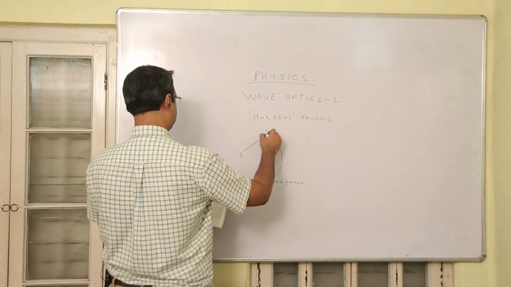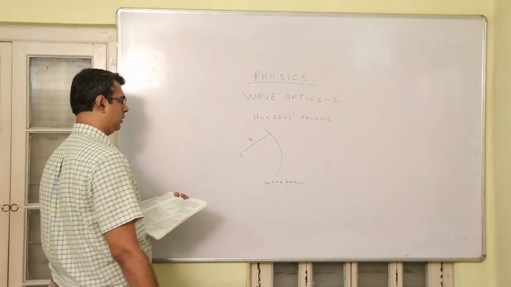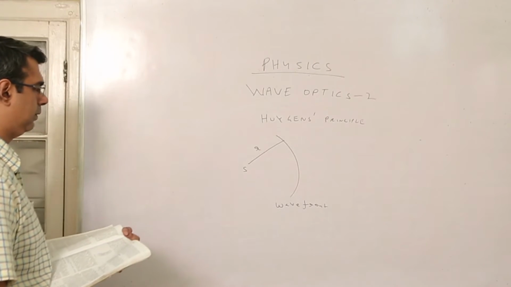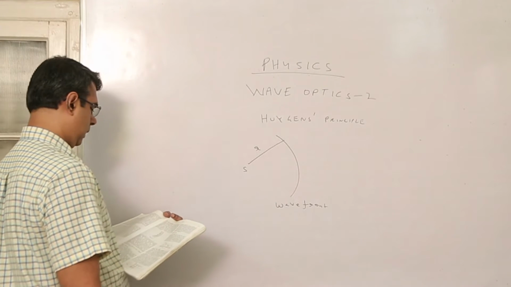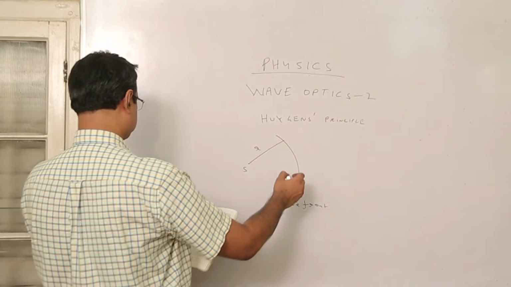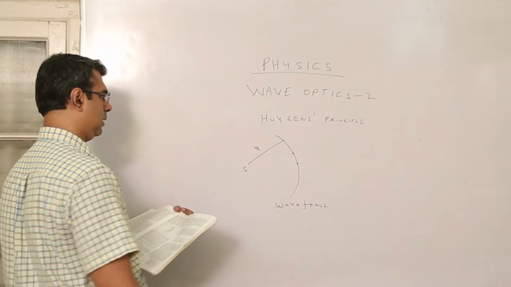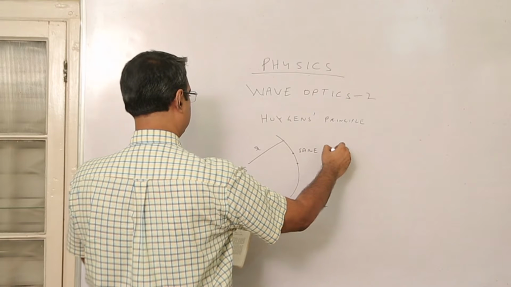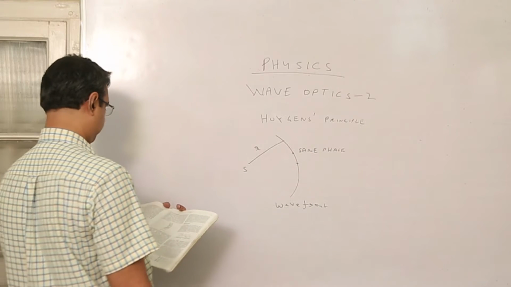That means this radius is a given radius with respect to point S as center. This is called a wave front. So a wave front is a surface in which at any 2 points the disturbance is in the same phase. So if you take any 2 points on the wave front, the disturbance will be in the same phase.